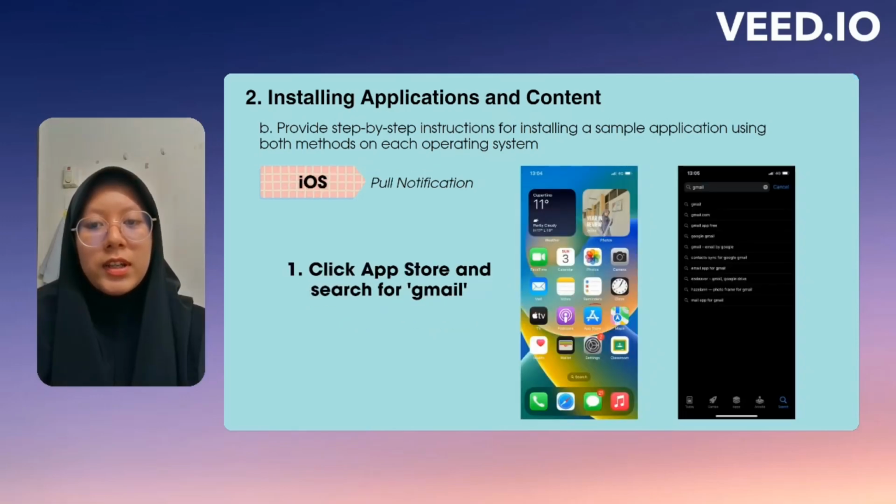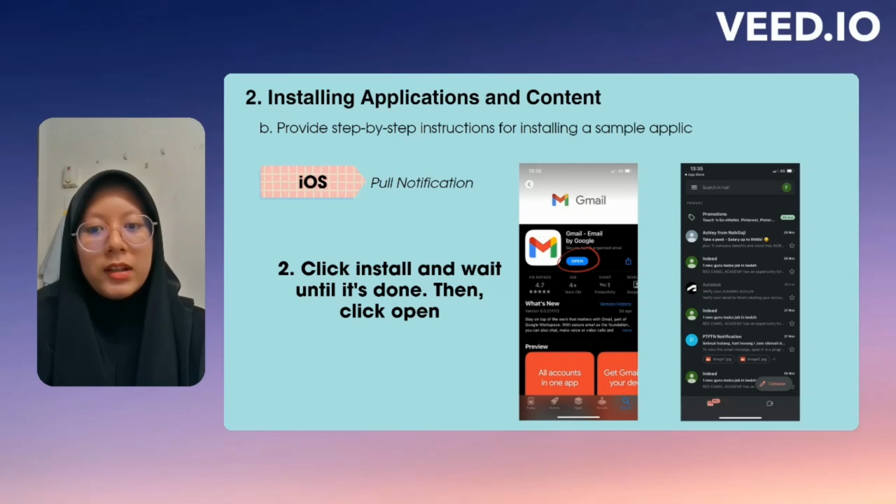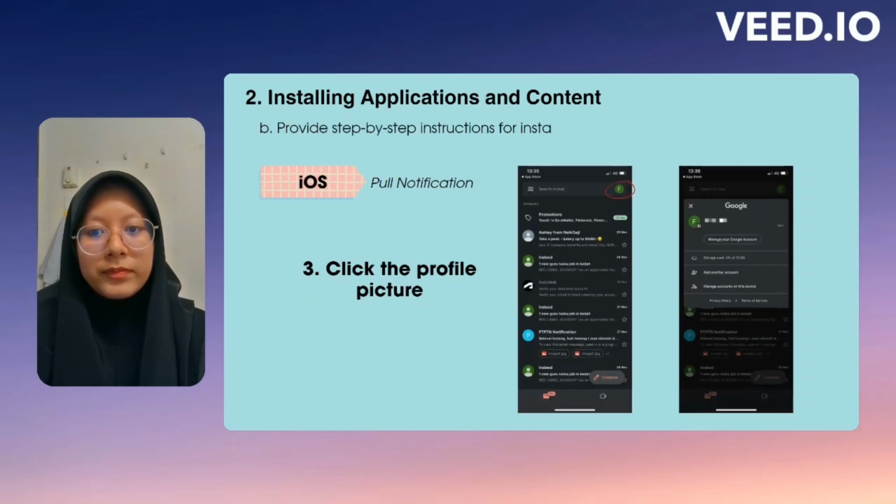Notification. Firstly, we need to click App Store and search for Gmail. Second, click Install and wait until it's done, then click Open. Click the profile picture.